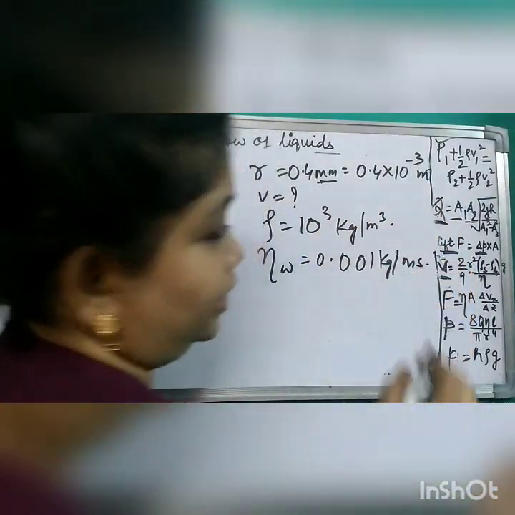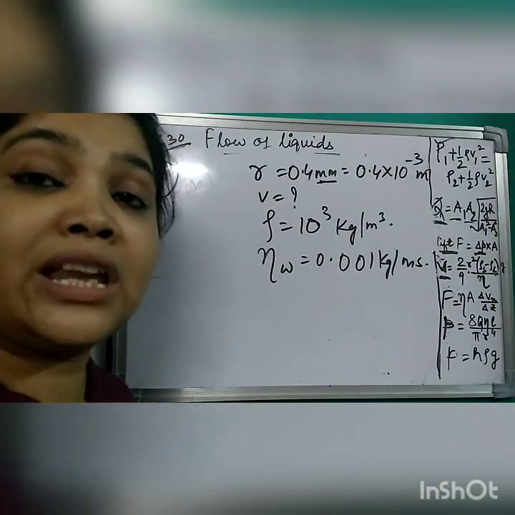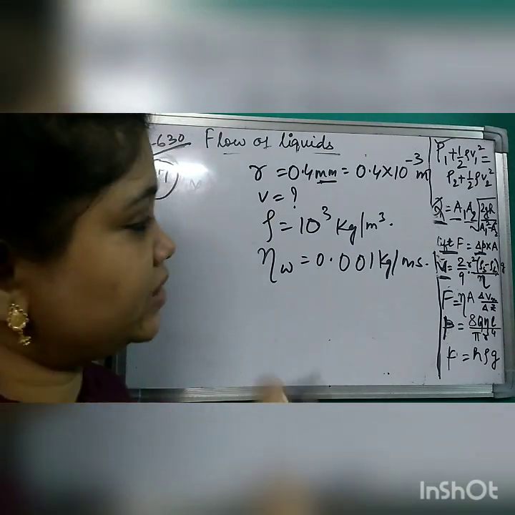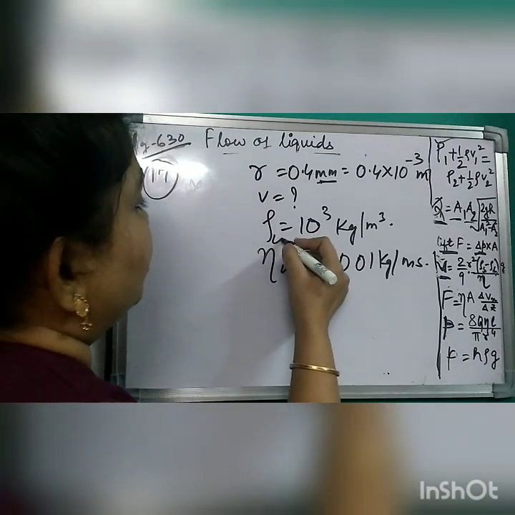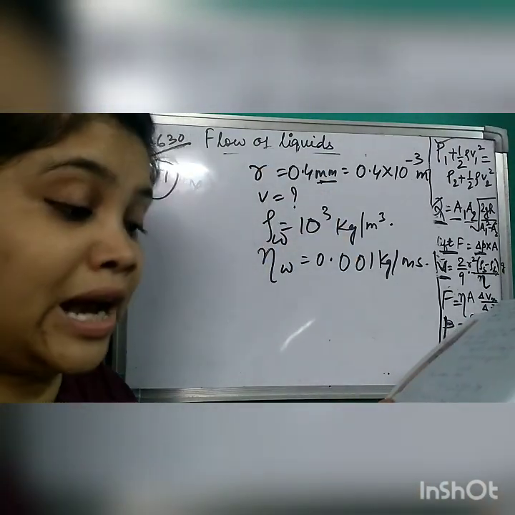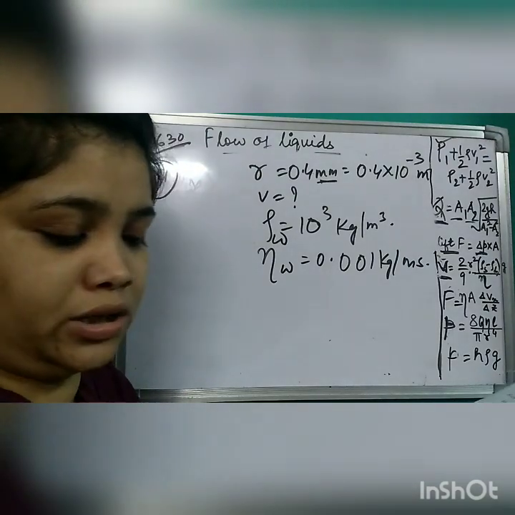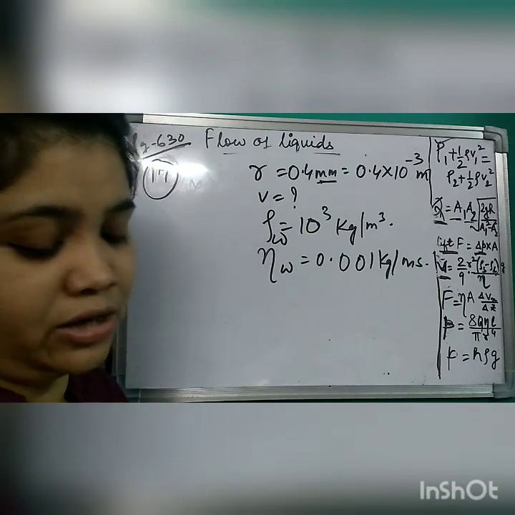Students, again and again I am telling you, these values which I am writing here are given in the pink table at the beginning, before the numericals start. So please refer to those values. I am writing those values from there only. Again I am reading the sum: an air bubble rises up in water. Determine the terminal speed of the bubble.